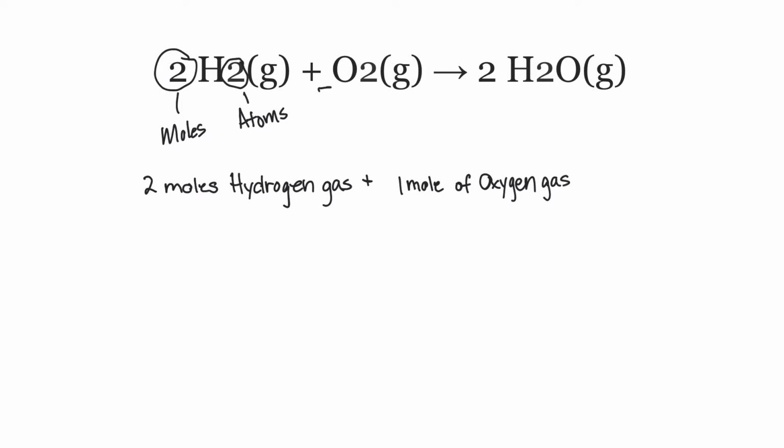Because if there's nothing in front of the oxygen, if there's no coefficient, then we assume 1. And then that would yield 2 moles of H2O, which is water. And all of these symbols, remember, are the state symbols. It just tells you that all of these are in the gaseous state.